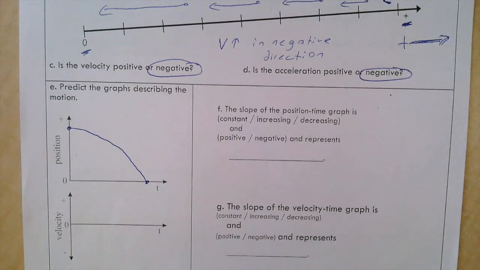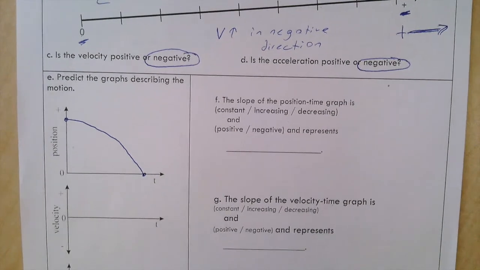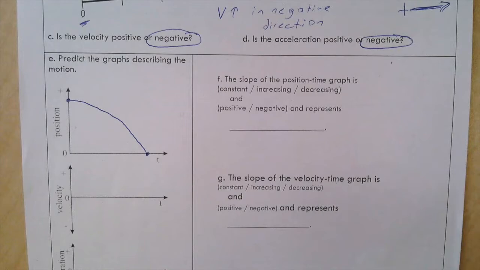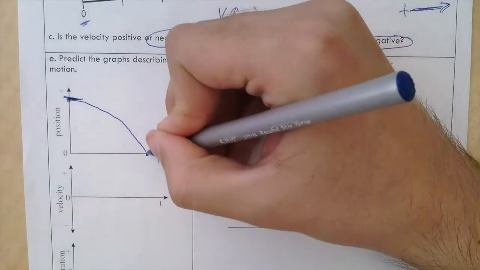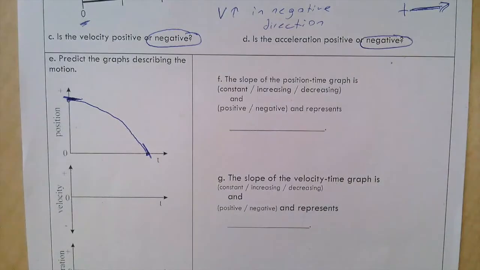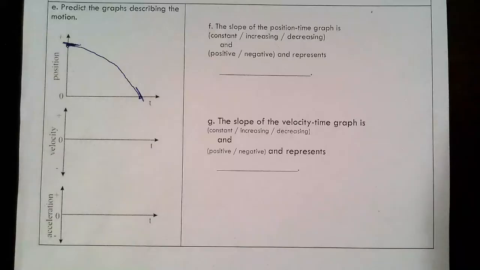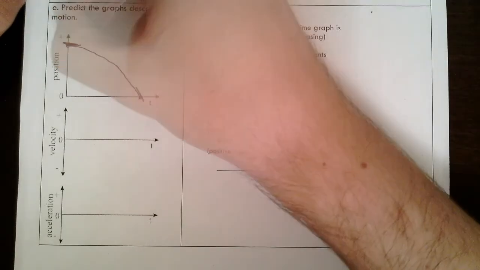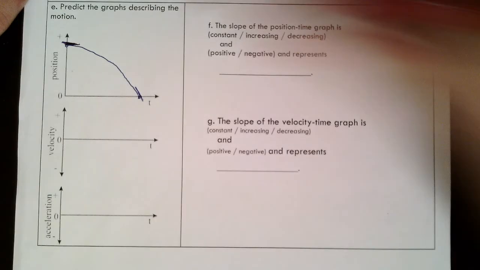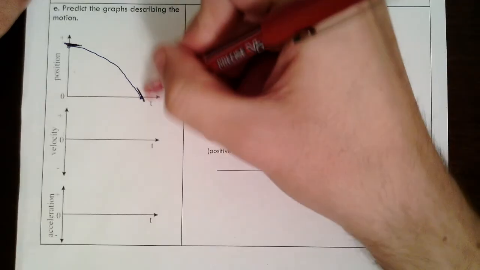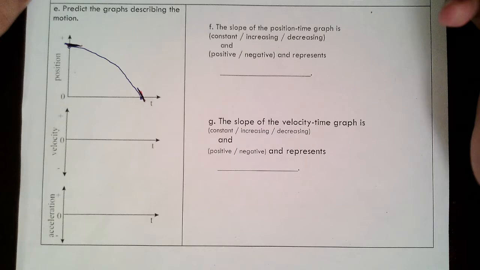Now that we've drawn the position versus time graph, we're going to draw the velocity versus time graph. We're going to look at the slopes right here and right here. Those are the tangent lines. We decided that we had initially a very small slope, and as time goes on, the slope gets more and more negative.